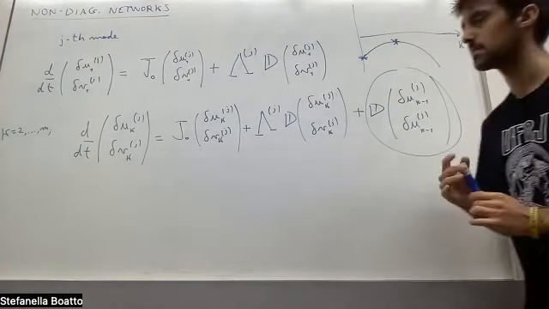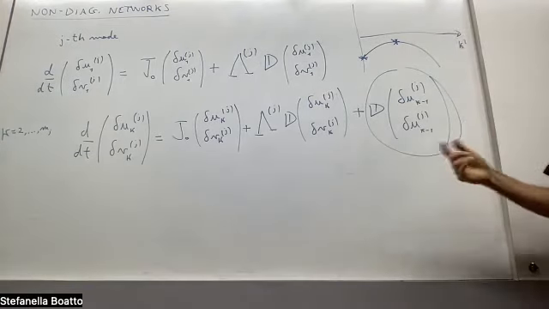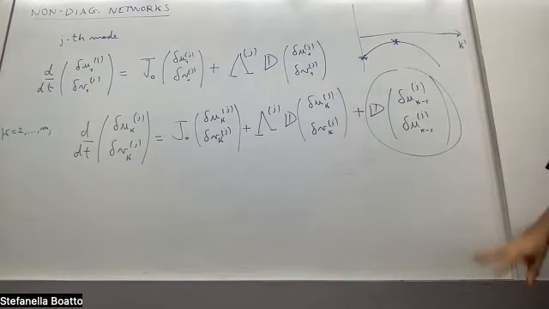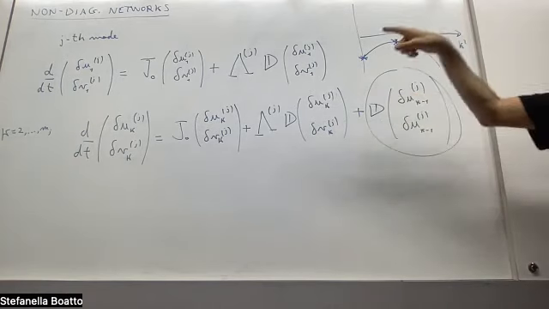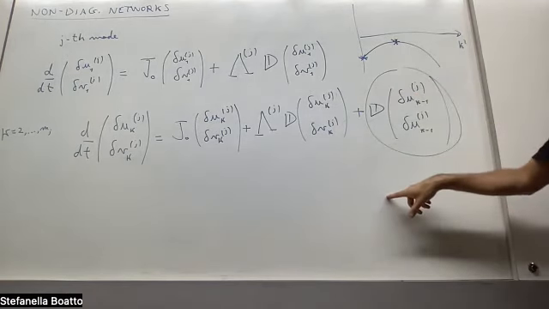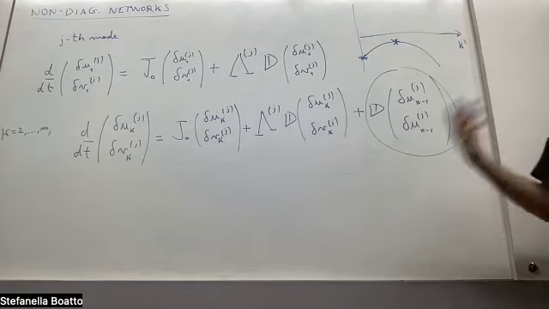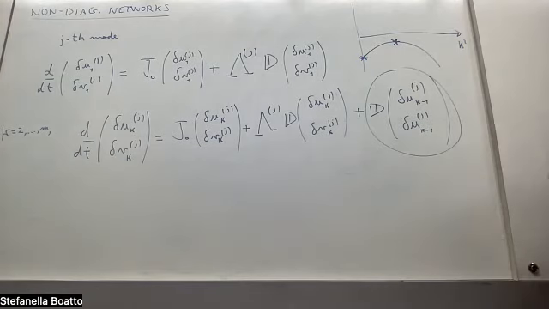So next time I will talk about non-normality, because networks that are non-diagonalizable are non-normal, and it will be clear why. We cannot know, because we don't have a basis. You don't know in which direction this is going, like the variation.